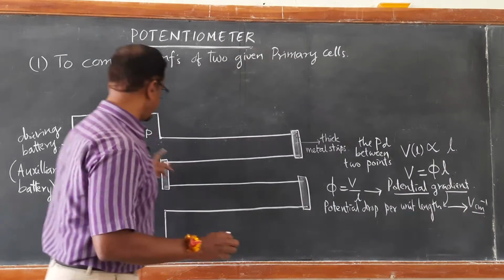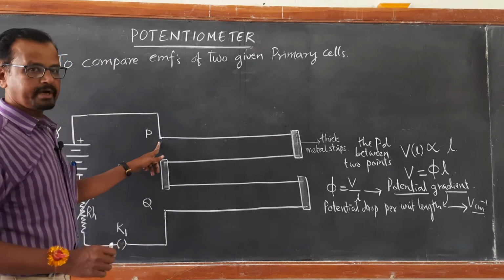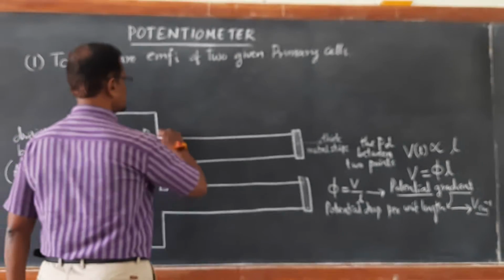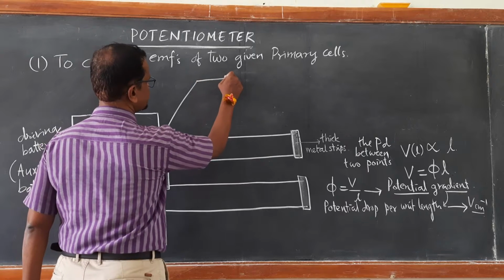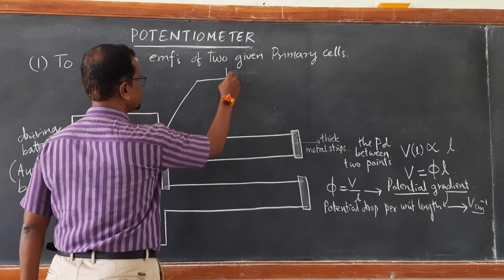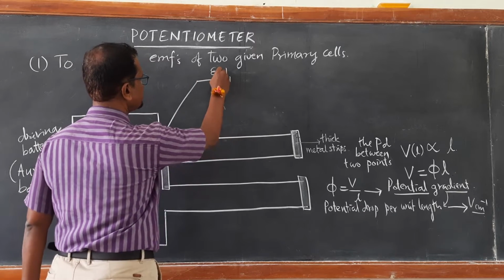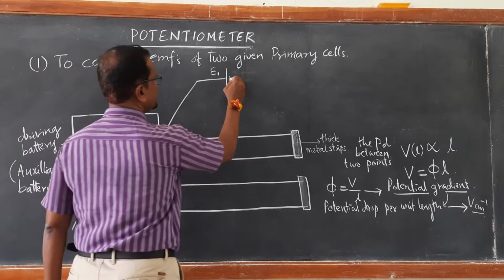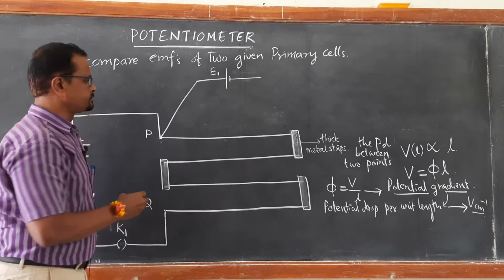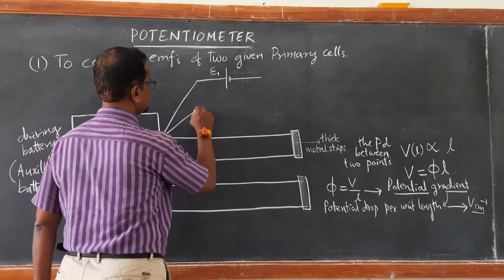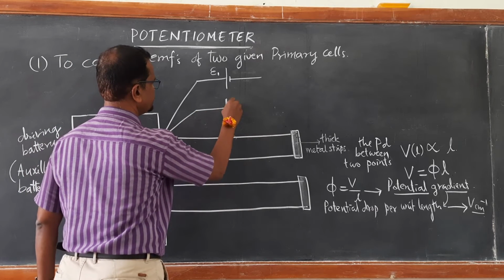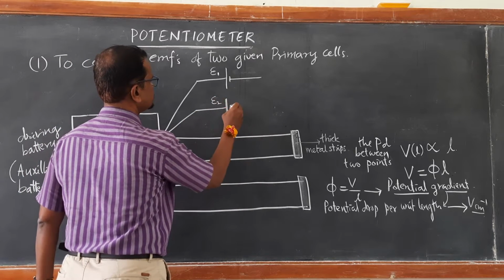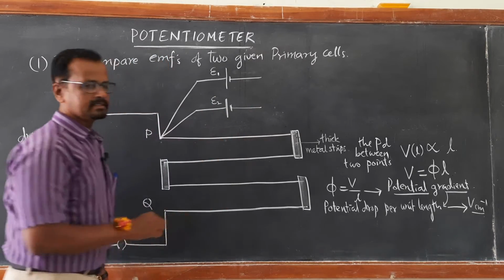Now, to this point P, which is a 0 end, two cells whose EMFs are to be compared are connected. Suppose this is cell of EMF E1, maybe let us say Leclanche cell, and another cell of EMF E2. They are connected in parallel like this.